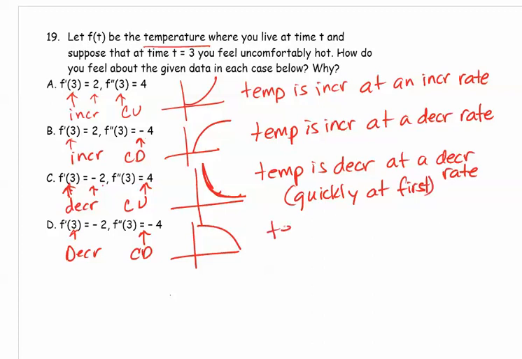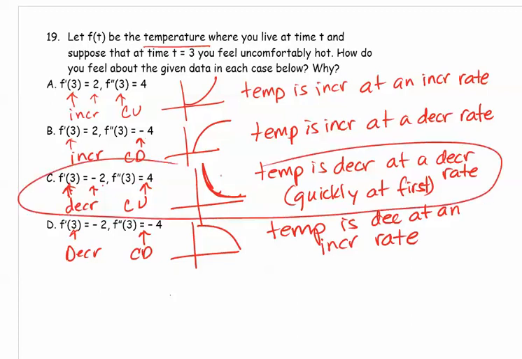And here the temperature is decreasing at an increasing rate, which means that at first it's decreasing slowly. So I think that choice C is the one that would make us feel the best. All right, too many review problems for you guys, so I think I have to cut back in the future.